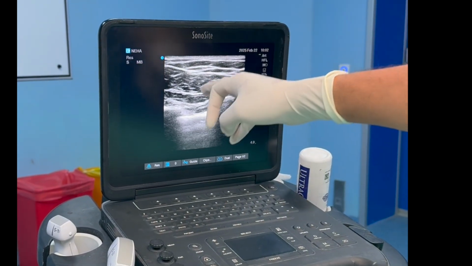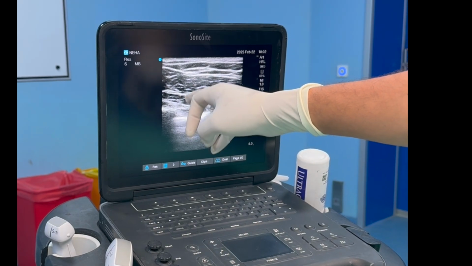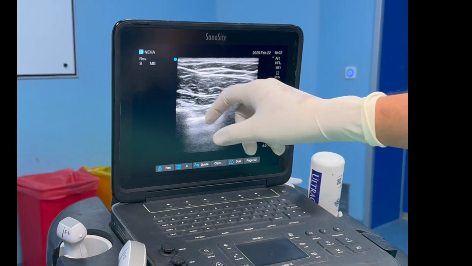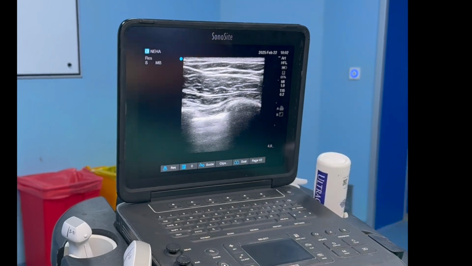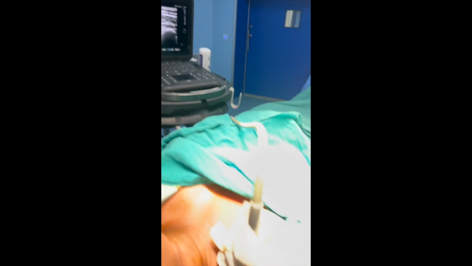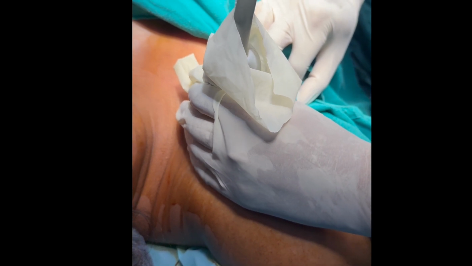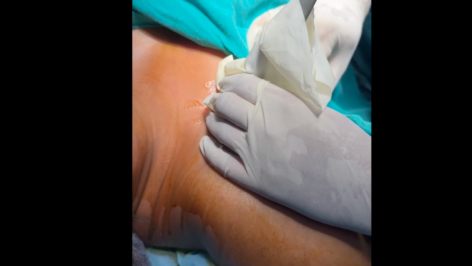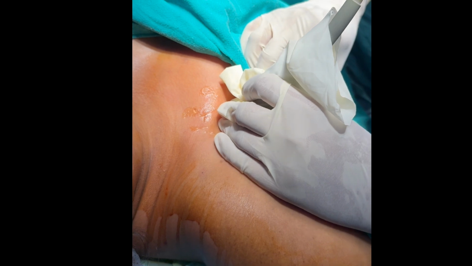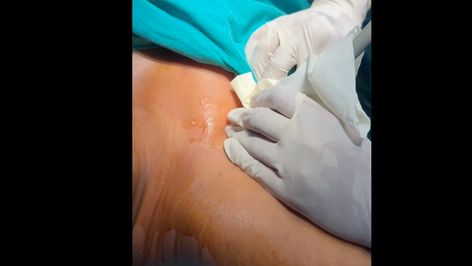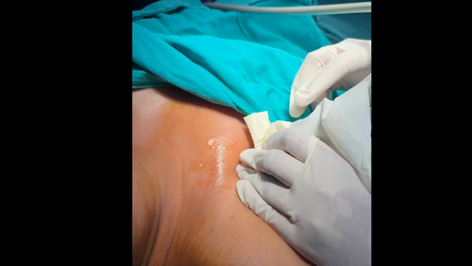If we inject the drug in between the pectoralis major and minor, that is the PEC1 block. Now if I move my probe slightly toward the axilla, you can see the serratus anterior muscle also.